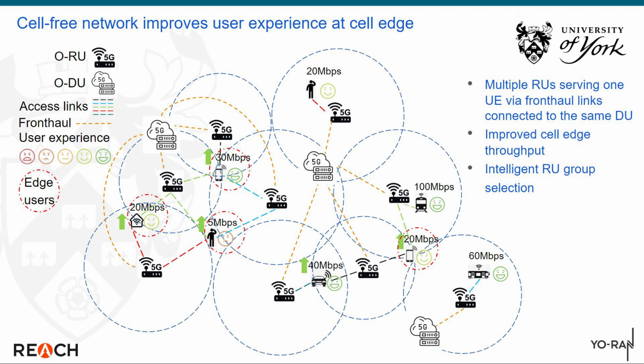The O-RAN architecture makes such a concept possible since the front-haul traffic from multiple RUs can be aggregated to a single DU for processing, allowing the network to utilize distributed massive MIMO to serve multiple users.